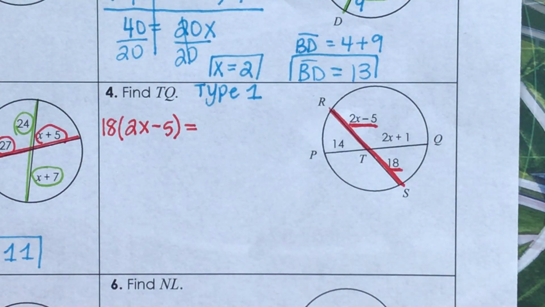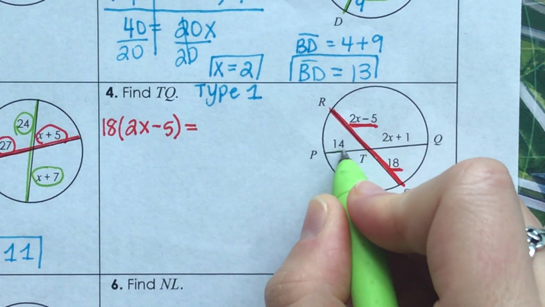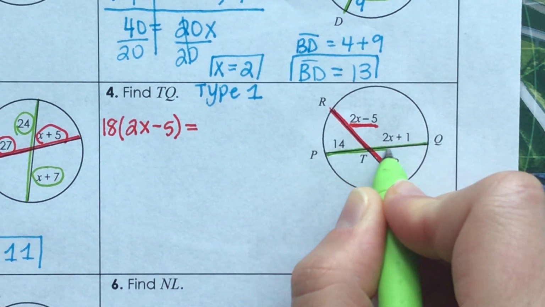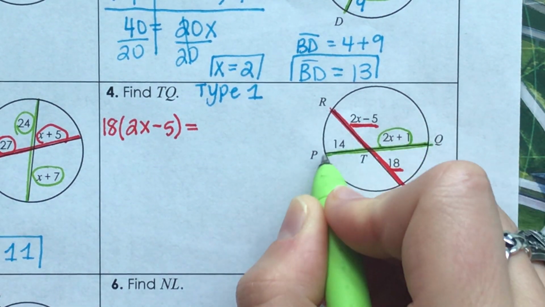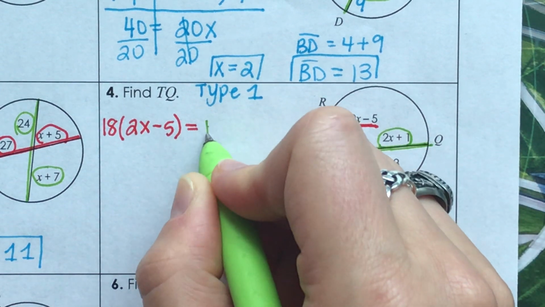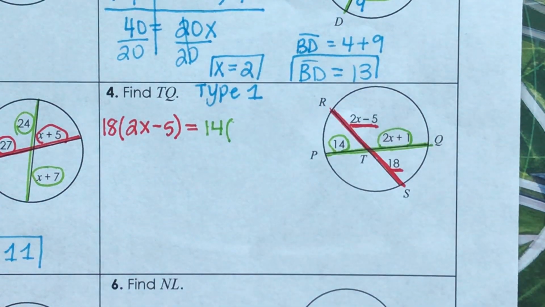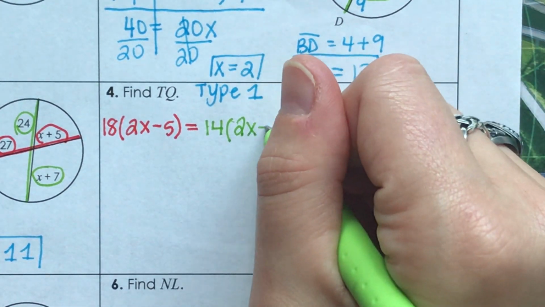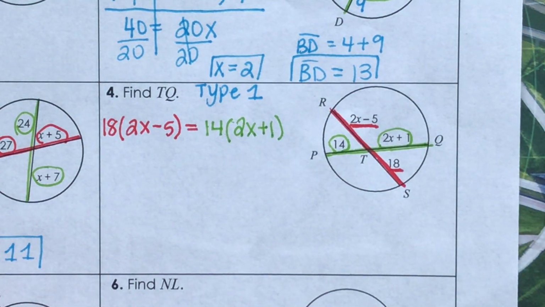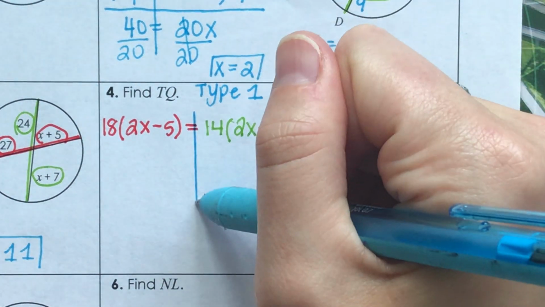And I'm going to set that equal to the other side here, which is 2x plus 1 and 14. So I'm going to multiply those two together. 14 times 2x plus 1. And then I'm going to solve this like an algebra problem.